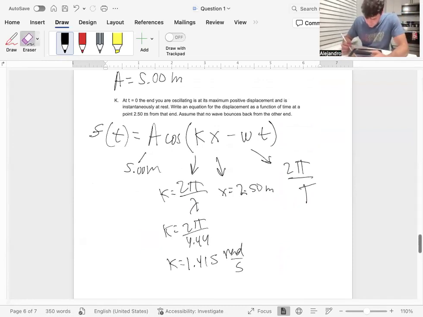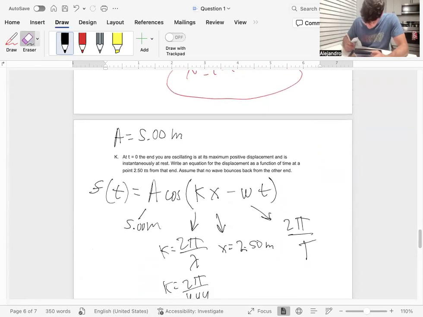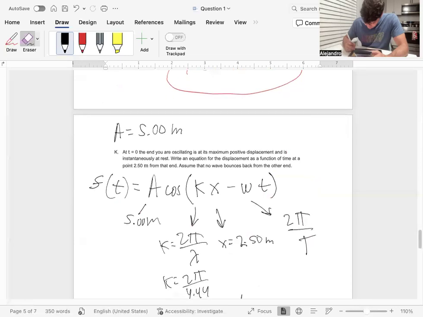No, we're going to use a different formula.